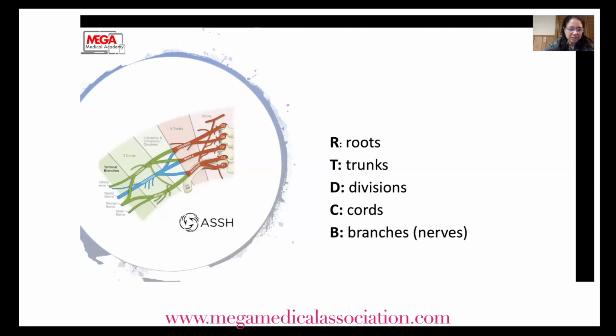Then each trunk divides into anterior and posterior divisions. These divisions reconnect in another way to form the terminal branches. The posterior divisions form the posterior cord, which ends mainly in the radial nerve.